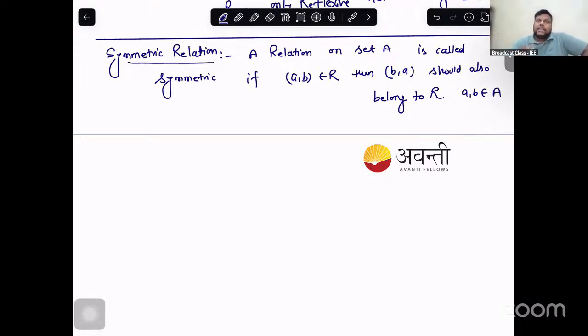Understood? Like if there is a (2, 3) in the relation, there should be (3, 2) also. If there is (1, 3) in the relation, there should be (3, 1) also to make the relation symmetric. For example, over the set A = {1, 2, 3}, let a relation R1 be defined as {(1, 1), (2, 2), (1, 2), (2, 1)}.